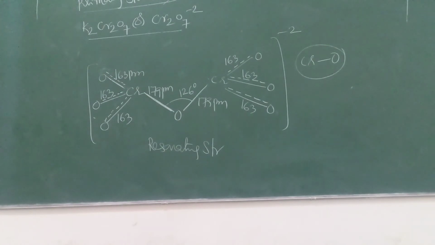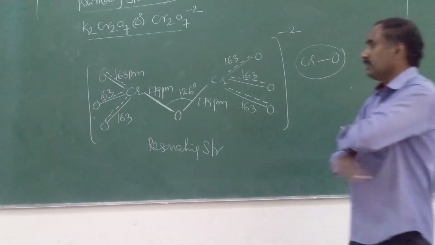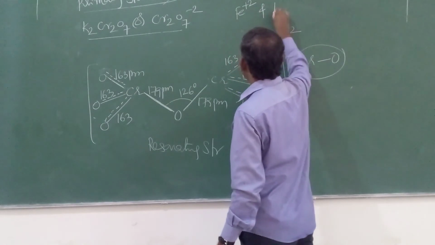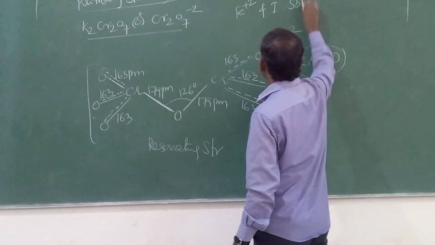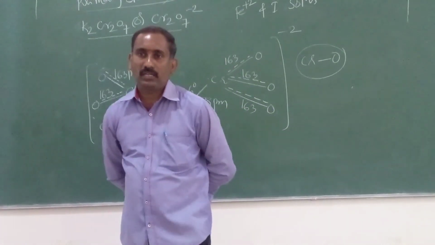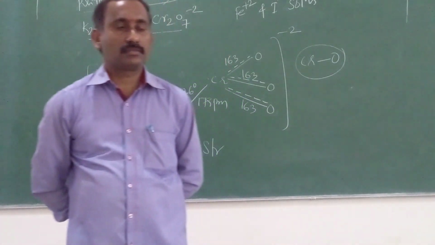Potassium dichromate is used as primary standard solution in the redox titrations of Fe+2 and I- solutions.